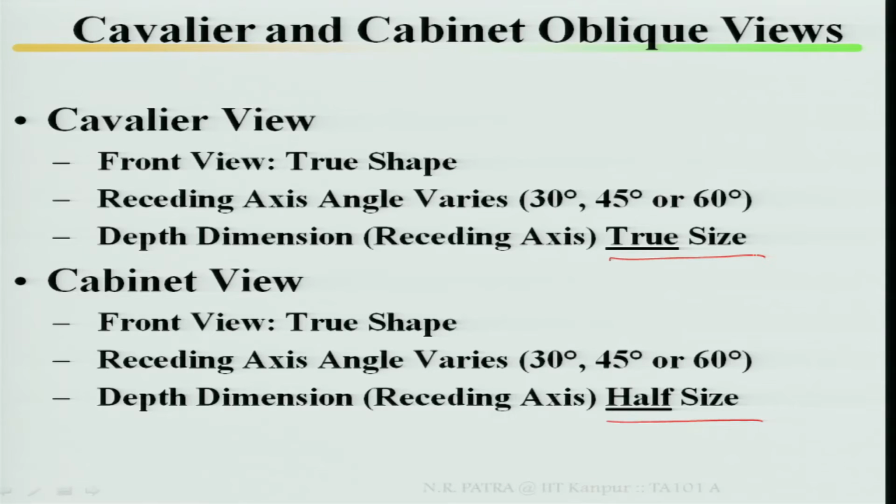This is the difference between the two views, cavalier view and cabinet view. In cabinet view, the depth direction has been reduced to half, but in cavalier view the depth direction is your true size, true length.